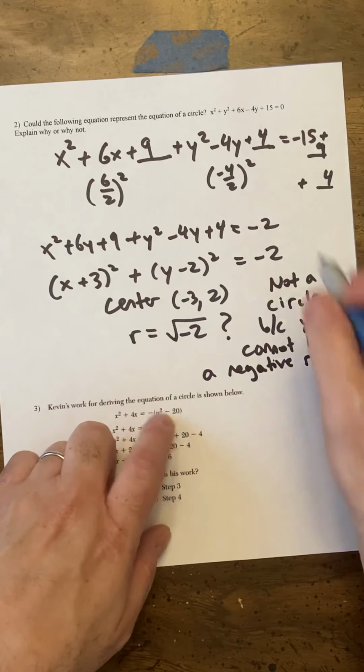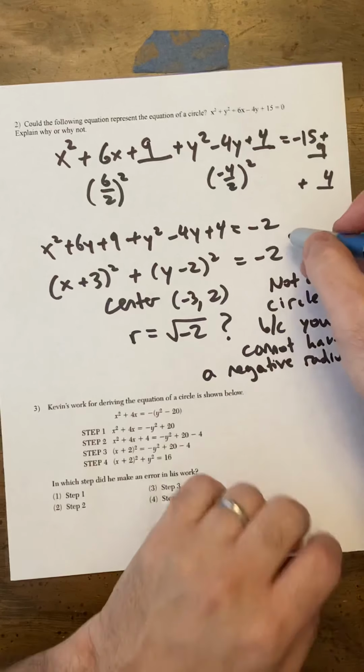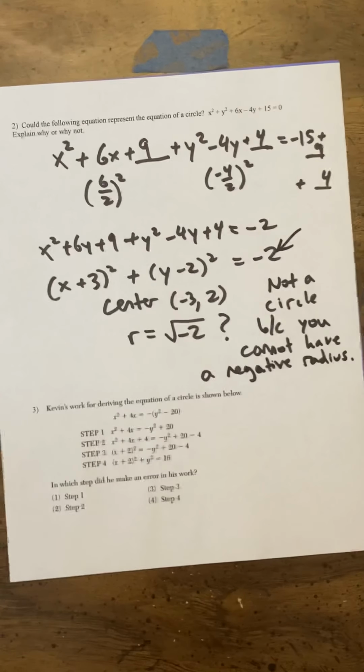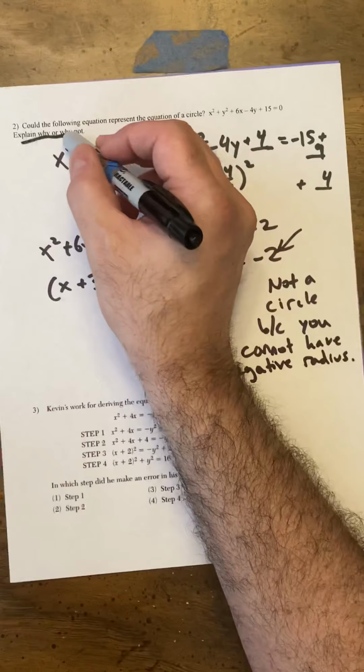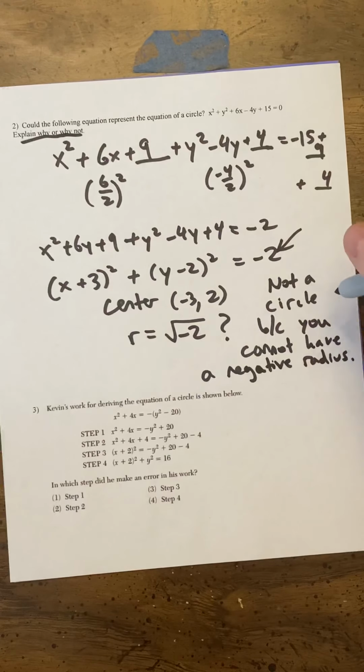So hopefully after you solve this, you recognize that this was going to be a problem over here, because that's going to be the radius squared, and the square root of that is not going to be a real number. So this is not a circle equation, and this is going to be the explanation for that.